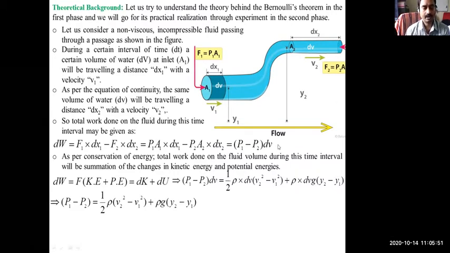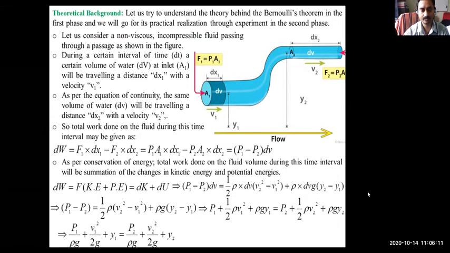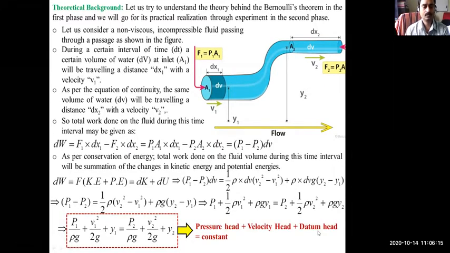If I bring all the terms with subscript one to one side and the terms with subscript two to the other side, it leads to this equation. So pressure head plus velocity head plus datum head is equal to a constant.